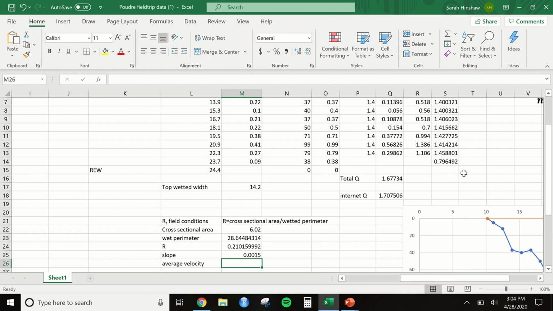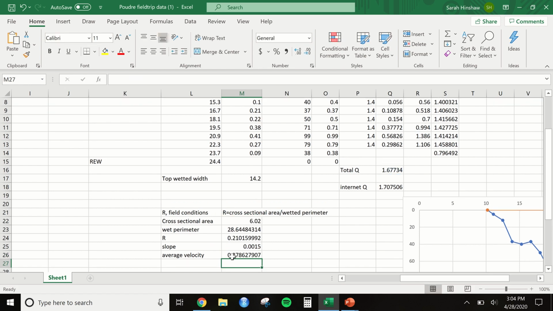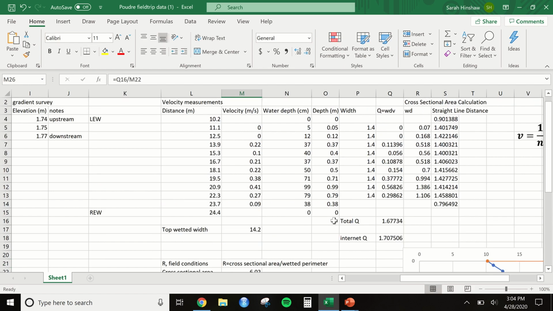Okay, so we're going to do equals our Q that we got divided by our cross-sectional area. Okay, so that's our average velocity.